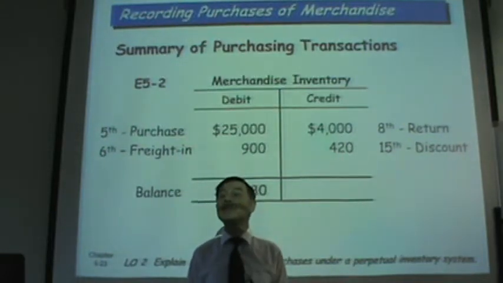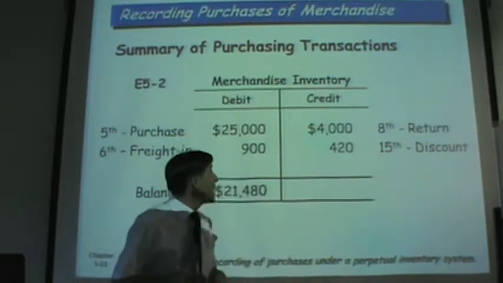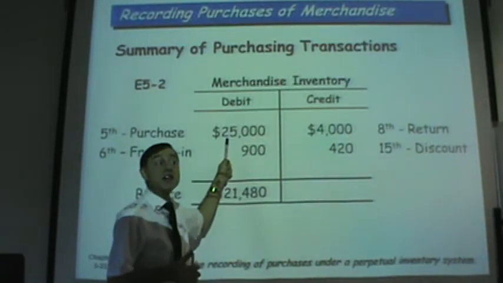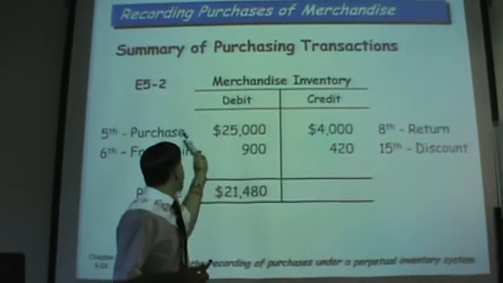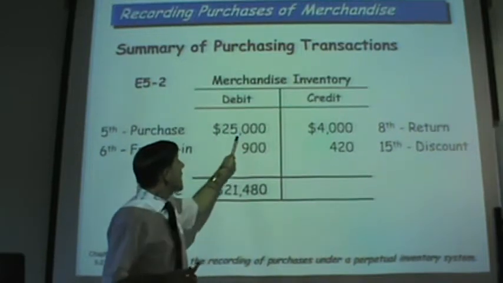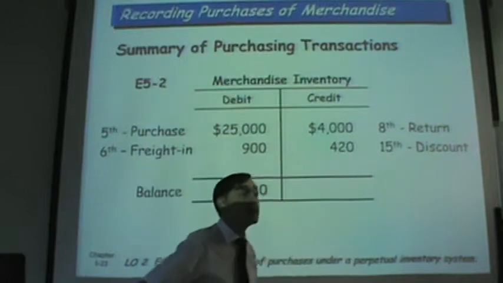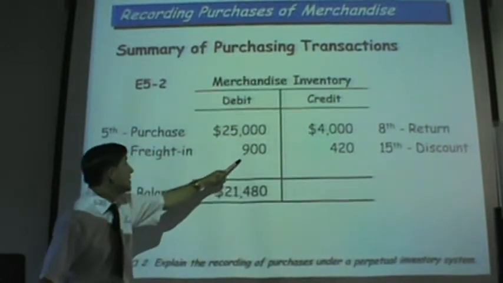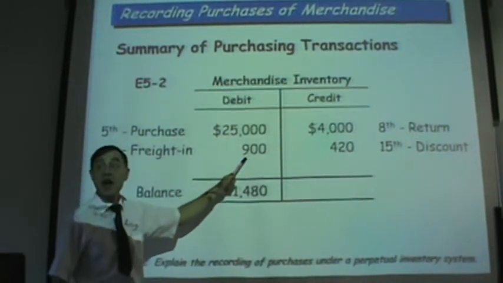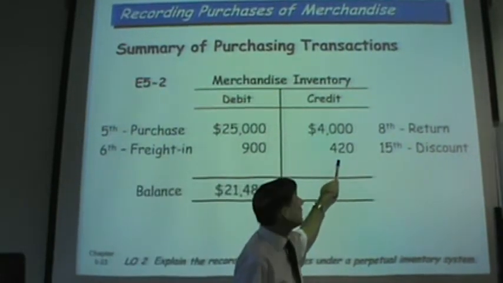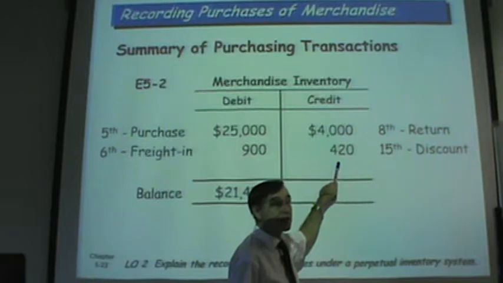So we get down to the debits and the credits. But first, you got the debit 25,000, that's the invoice price, or the purchase price. Then you got credit 4,000 for returns. Then you got the debit freight in of 900. And then you got the discount of 420.